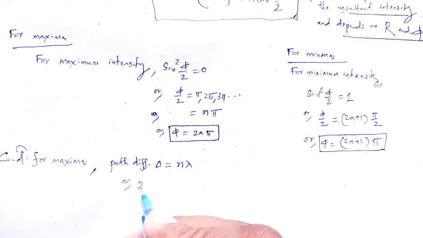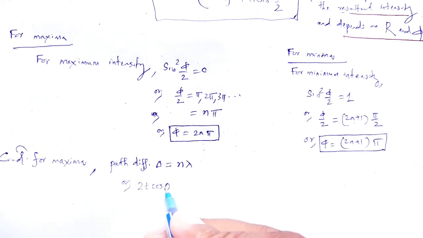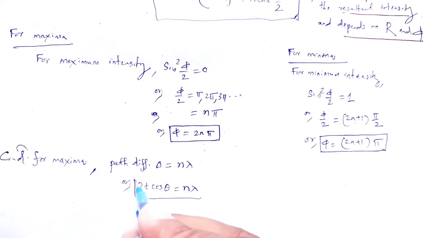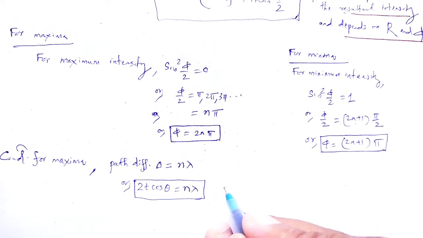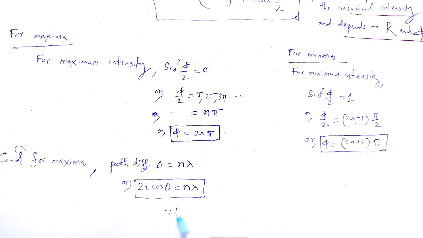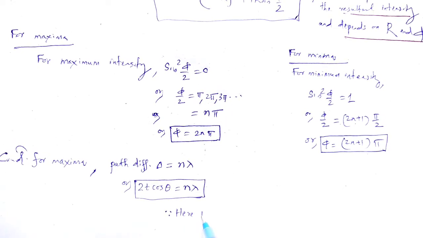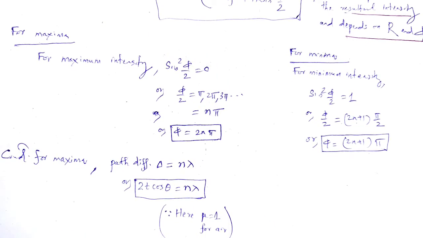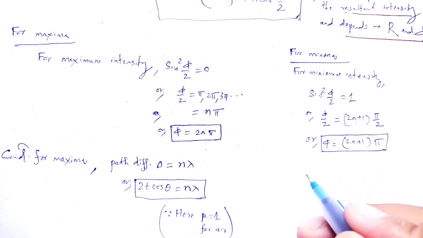Path difference here, 2t cos theta, is equal to n lambda. Here we take mu equal to 1, since mu is equal to 1 for air. In between these two plates, the medium is air.